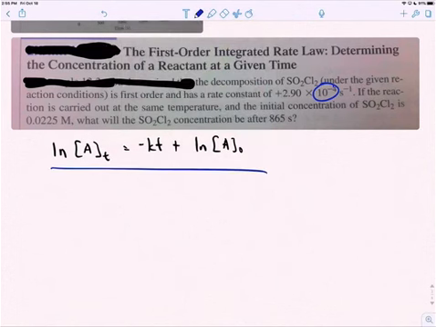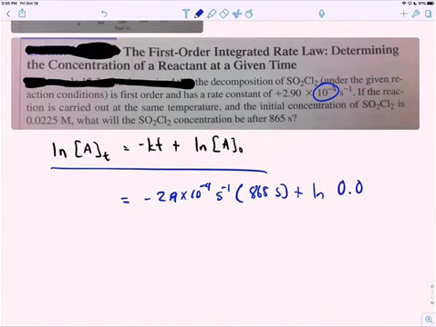Here is the first order integrated rate law, and you put in minus k, so the k is minus 2.9 times 10 to the minus 4, and the units are inverse seconds, times time, 865 seconds, plus the natural log of the initial concentration. The initial concentration is 0.0225, and you plug this in and you get minus 4.04.